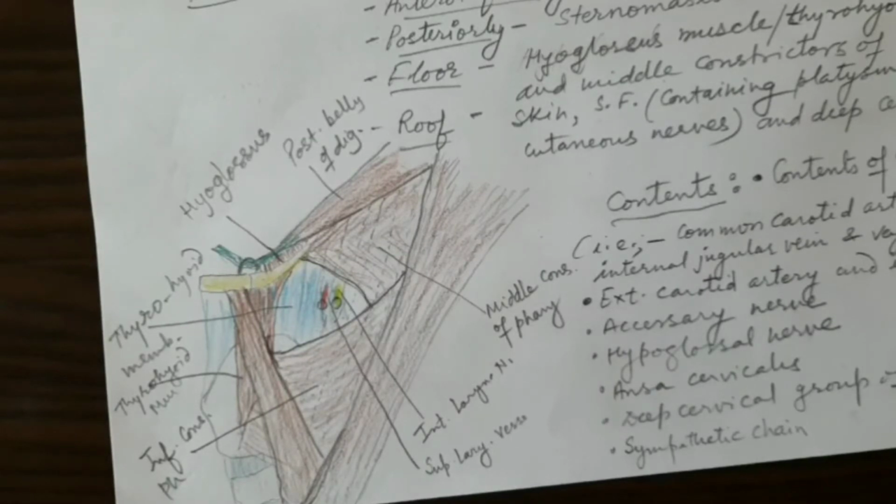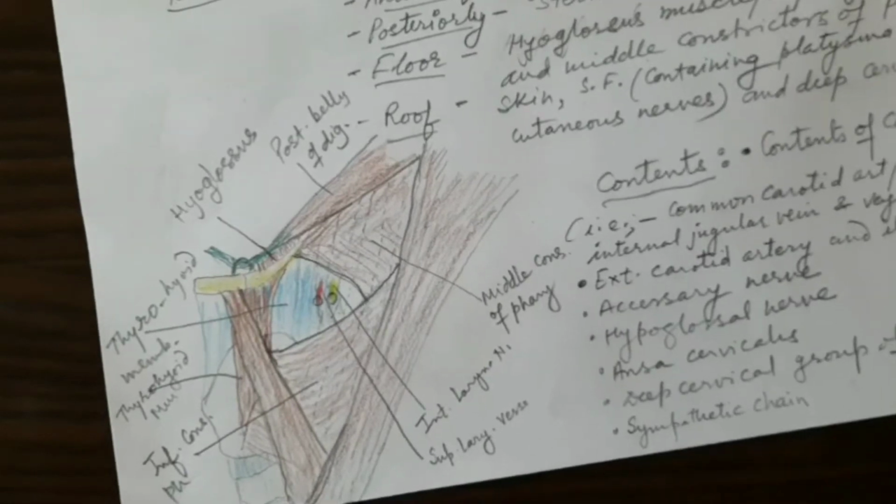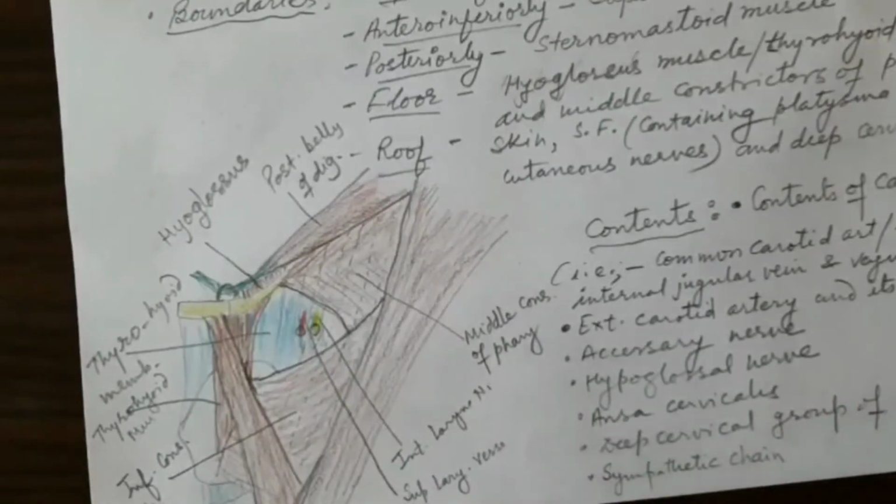Let us come to see the contents. In the carotid triangle, you should note the very important structures like the internal jugular vein, the common carotid artery, internal carotid artery, vagus nerve, and posterior to these lies the sympathetic chain.